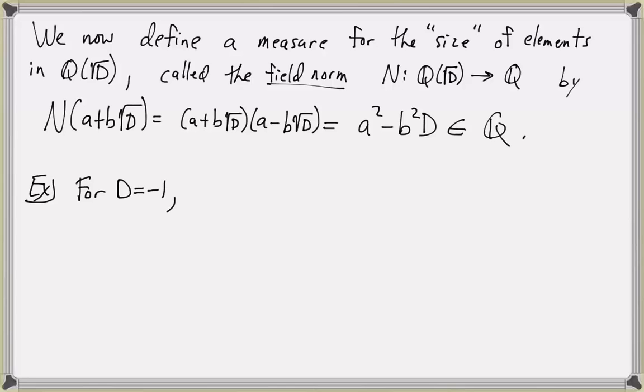When D equals -1, we're talking about the Gaussian integers, and the norm of an element a plus bi will just equal a plus bi times a minus bi, which produces a squared plus b squared. And this is the square of the typical absolute value or modulus of a complex number.